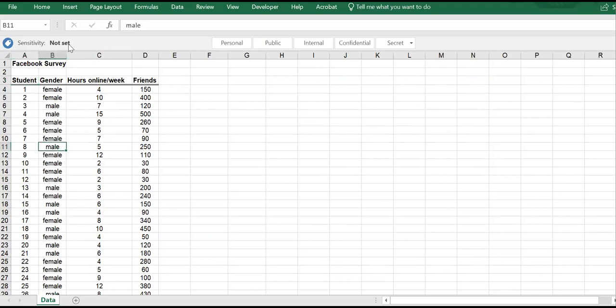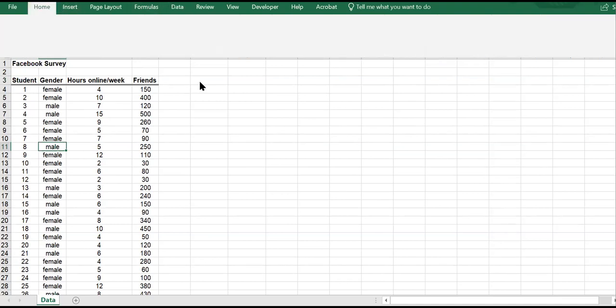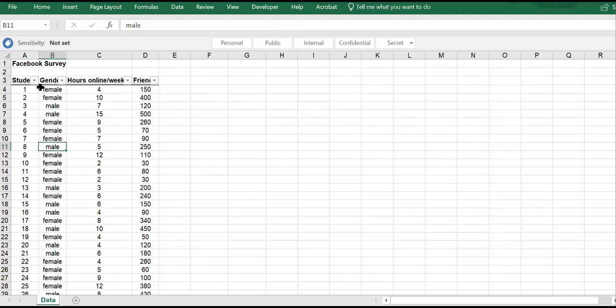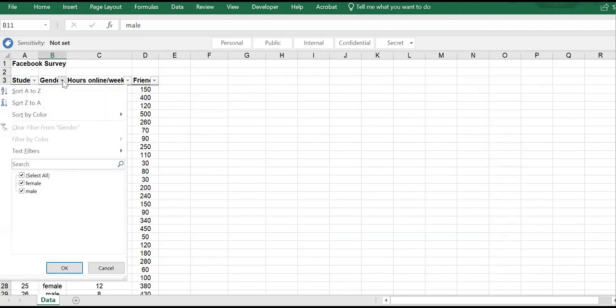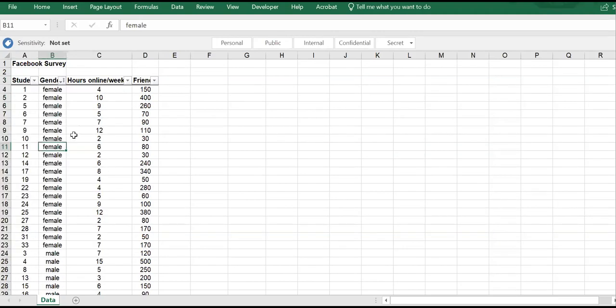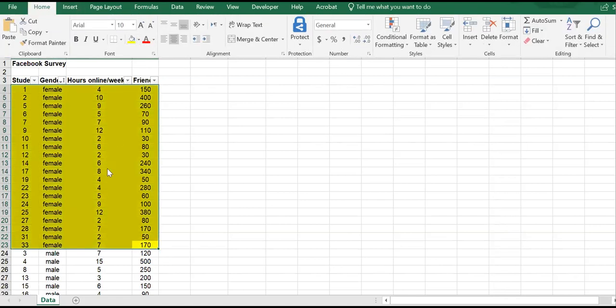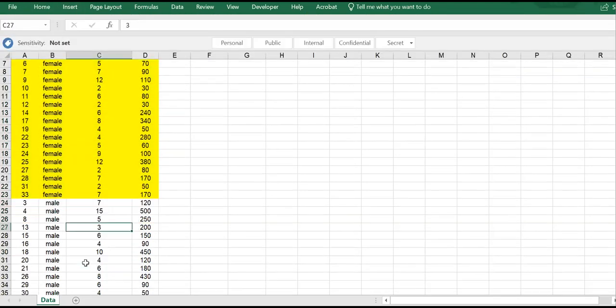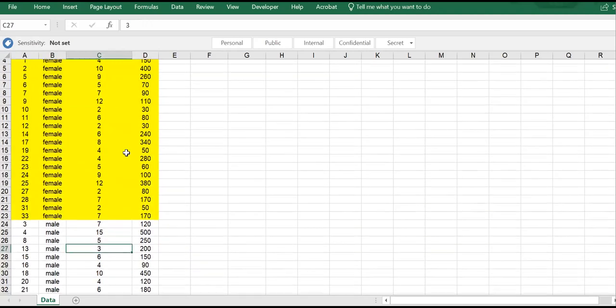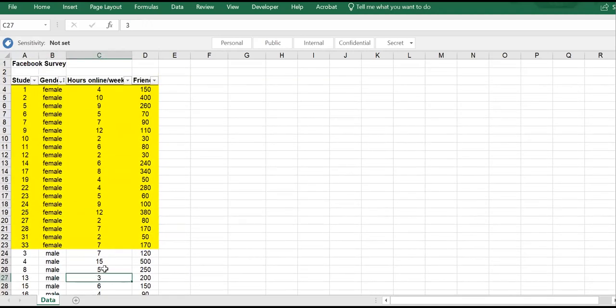First of all, let me sort out the samples. I just need to filter and sort based on the gender, A to Z, for example. So I will have my females in, let's say, yellow color, and my male students with no fill.